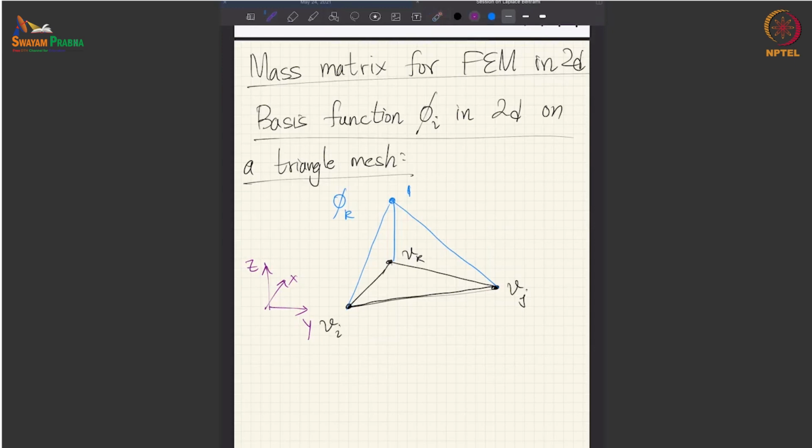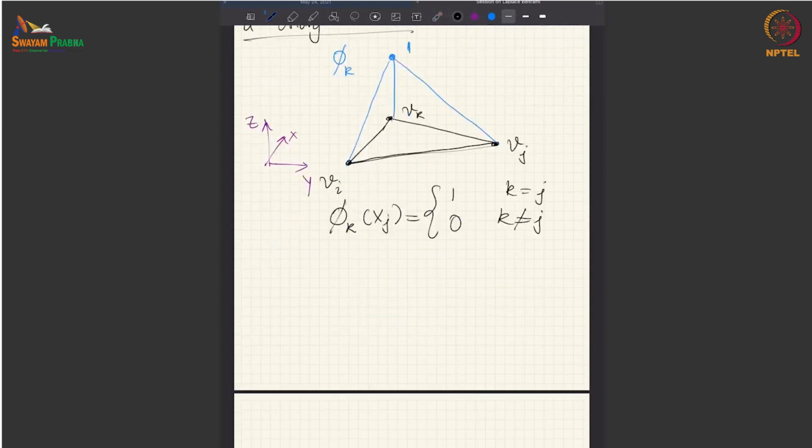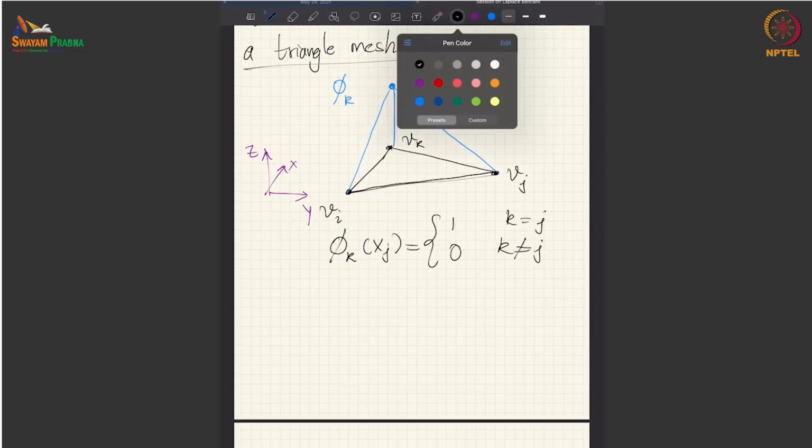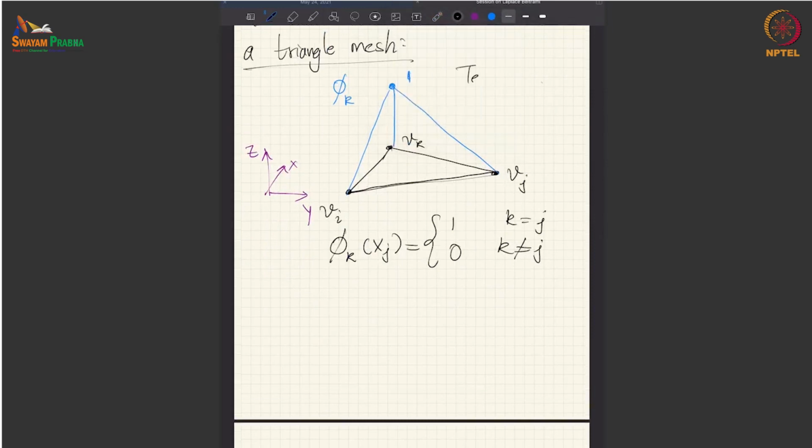So I can write this down with the same idea. Phi k on some other xj is value 1 if k equals j, 0 if k does not equal j. There are three of these tent functions. This is tent, hat, barycentric. You could call it, it has many names.